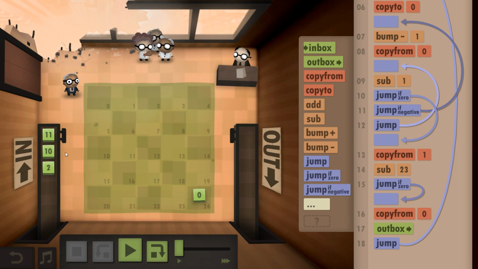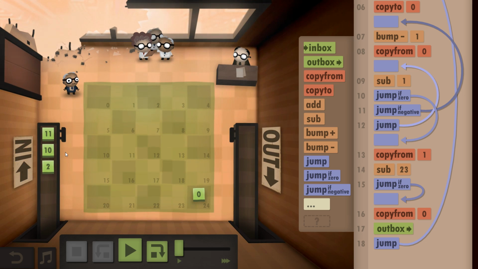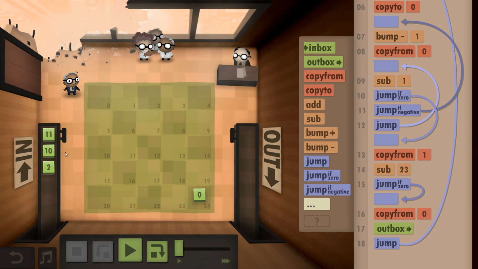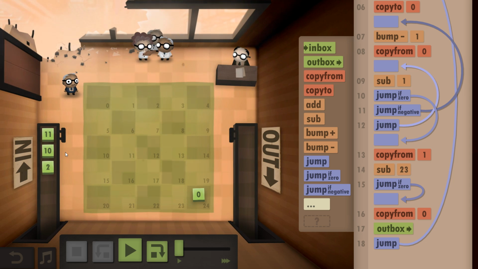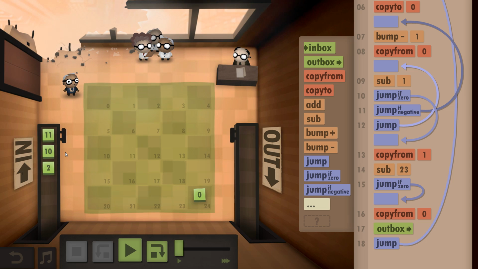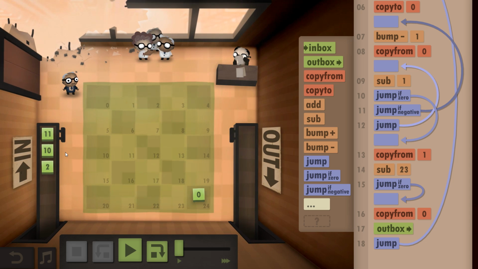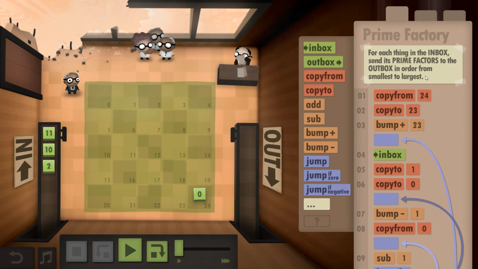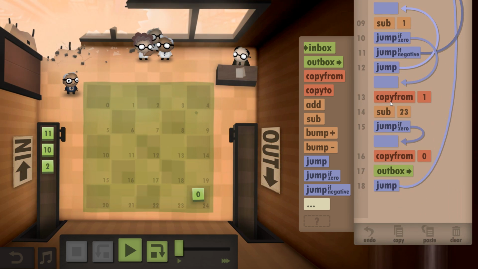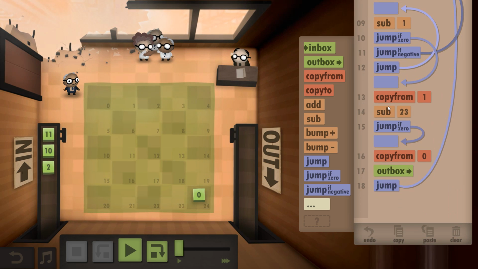So what I have to do now is I have to save 5 somewhere, start dividing that by 4, has a remainder, by 3 has a remainder, by 2 has a remainder, by 1 has no remainder, but 1 is 1. So the thing I want to outbox is 5, but I actually don't want to outbox 5. I want to outbox, what is it, largest to smallest or smallest to largest? Smallest to largest, so I want to outbox the result first.